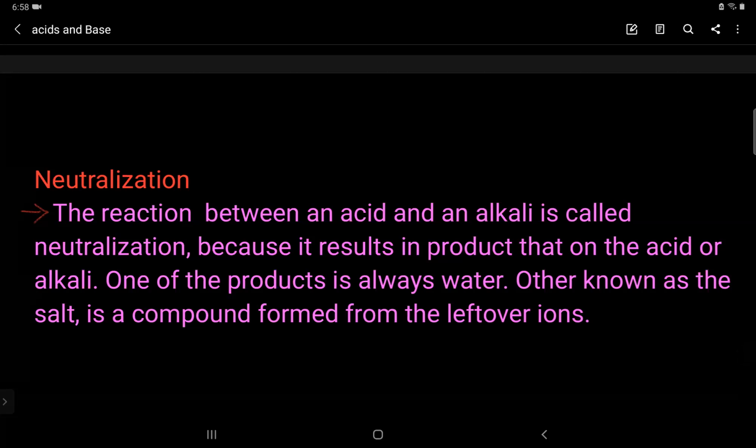One of the products is always water. The other, known as the salt, is a compound formed from the leftover ions. I'm so sorry for the mistake, but by listening to me, you can understand what is neutralization.